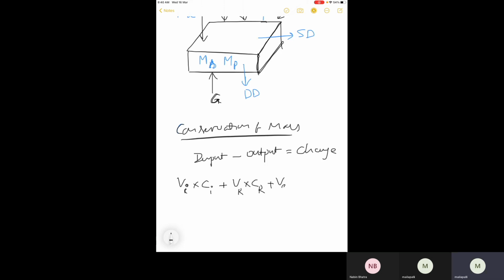Plus the volume of groundwater added to the root zone and the corresponding concentration of salts. Okay, so this is all water, and then we also see some salts adding to the system.